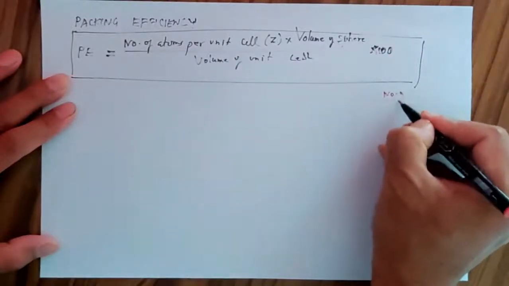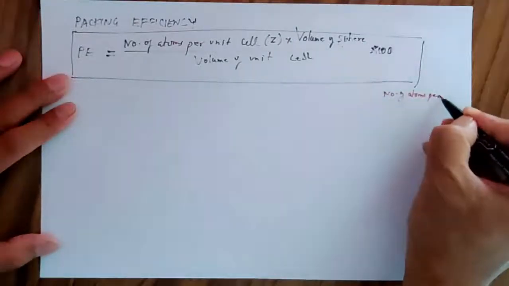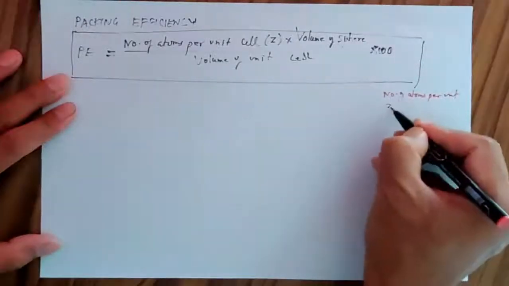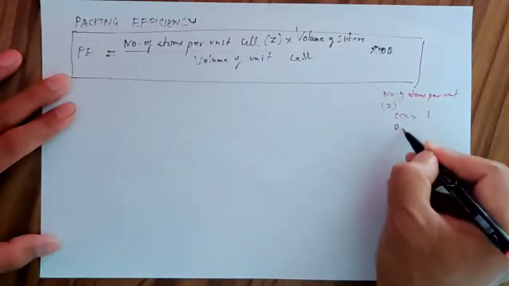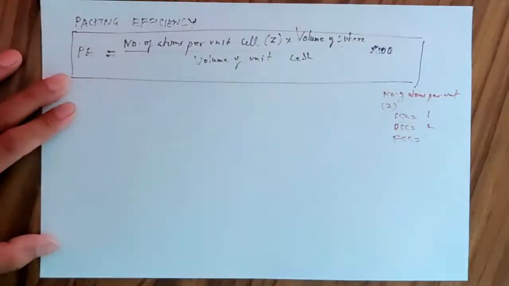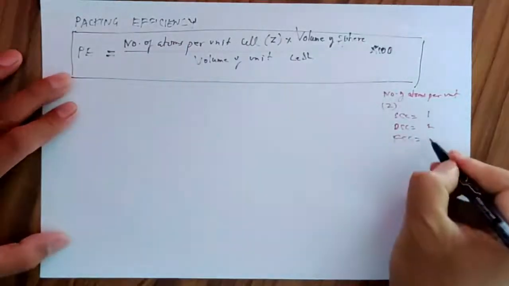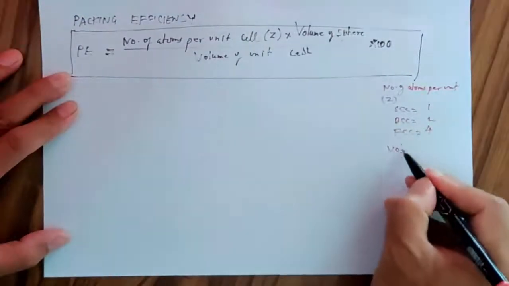Okay, number of atoms per unit cell, the Z value. Z value for SCC is 1, BCC is 2, FCC is 4. Then the volume of unit cell.